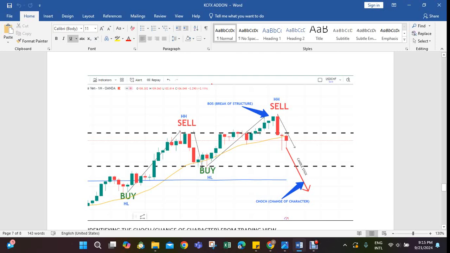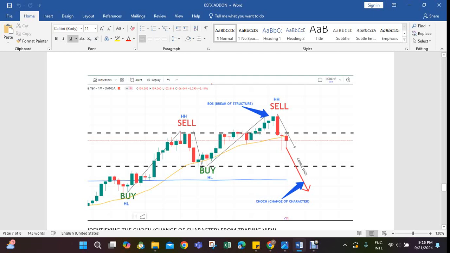So now you see that the downward movement indicates that the market has come down to cross the higher low in an uptrend market, because we're having a higher high and higher low. I'm going to say that again so that we can understand. The candlestick came up and gave us a break of structure. Now it's coming down to break the last higher low after it has formed a break of structure.